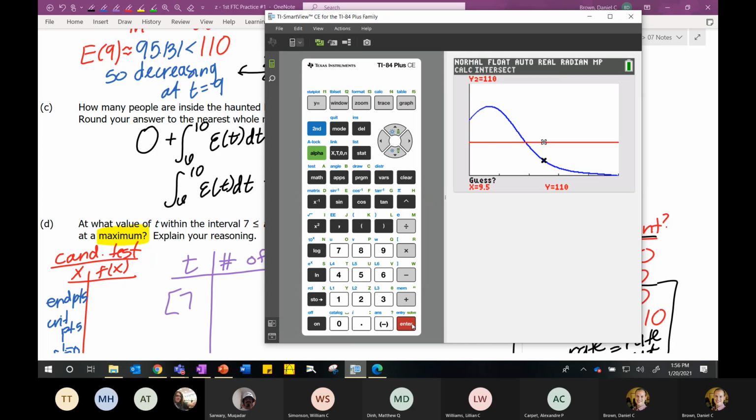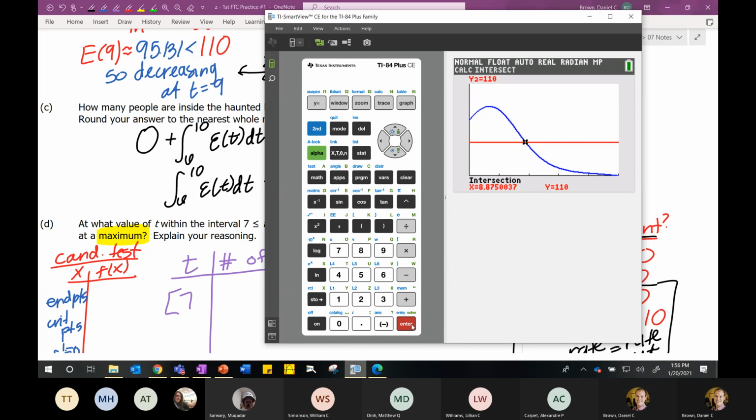The guess is important, especially if you have multiple intersection points; you have to do this several times. The closer you are to the intersection point, the faster your calculator is going to calculate it, especially for some of the more complicated functions. So I'm going to scroll close to the intersection point and hit enter, and it will find that intersection point for you.